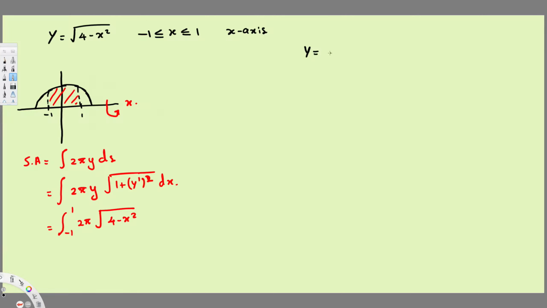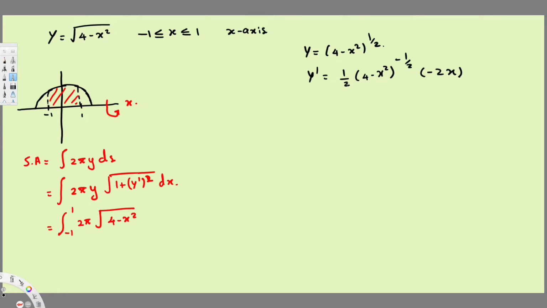We know that y is equal to square root of 4 minus x square. It can be written as 4 minus x square power half. Then if we find the derivative of this one, this is going to be half times 4 minus x square to the negative half, because we are subtracting 1 from the power. Also this is going to be a chain rule, so we have to take the inside derivative, that's going to be just times minus 2x.